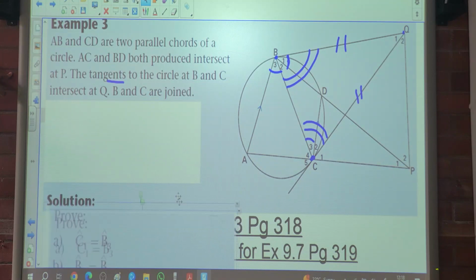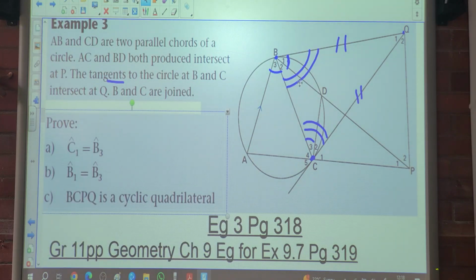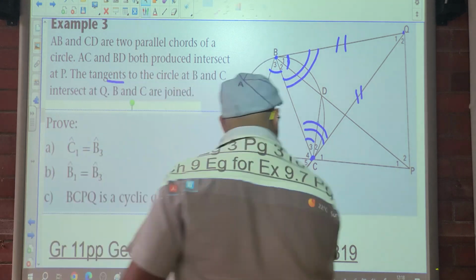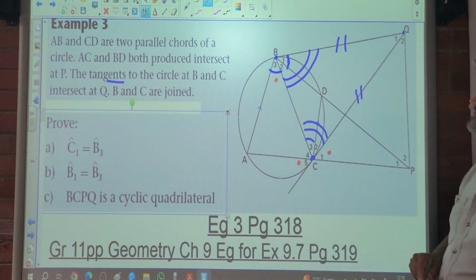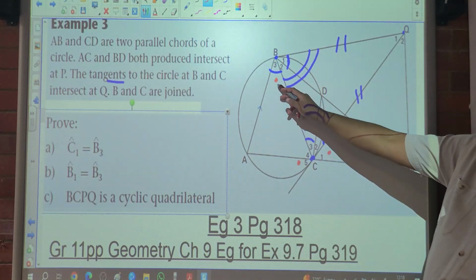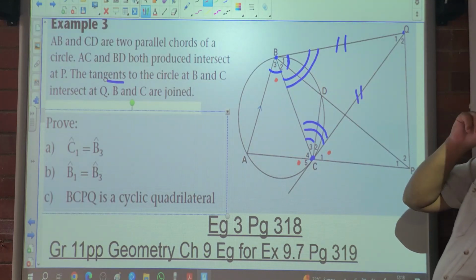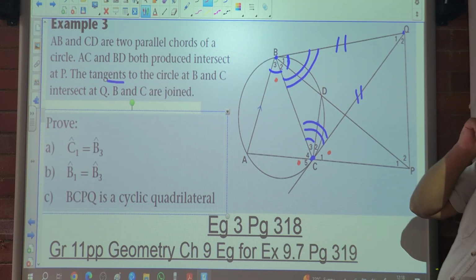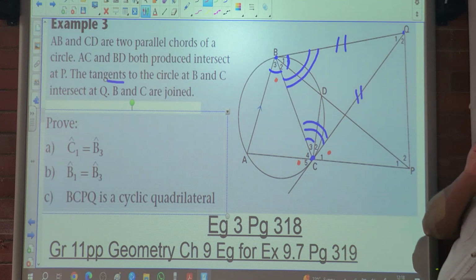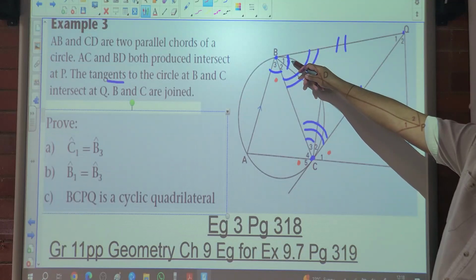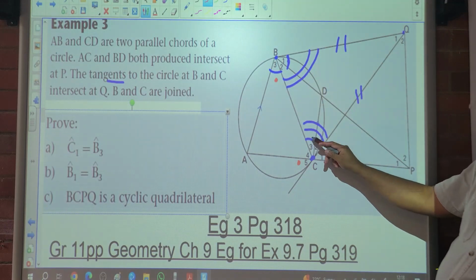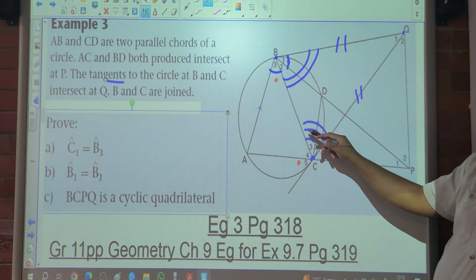Okay? You look at the second one, B1. So just remember, that one and that one were equal. No? B1 and B3. B1 is the same as C3. We marked that already. No? Tan chord theorem.